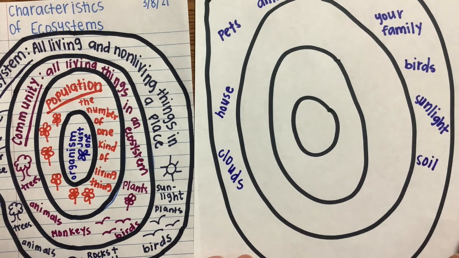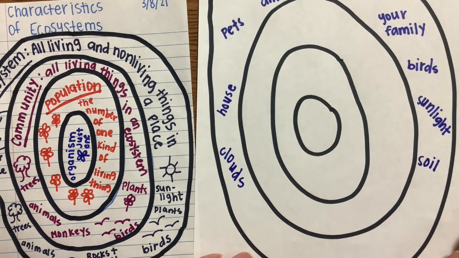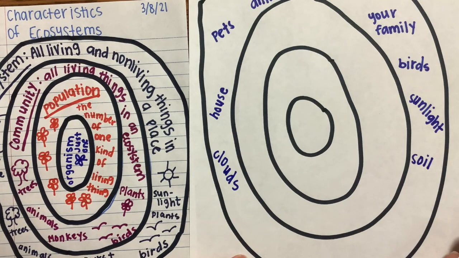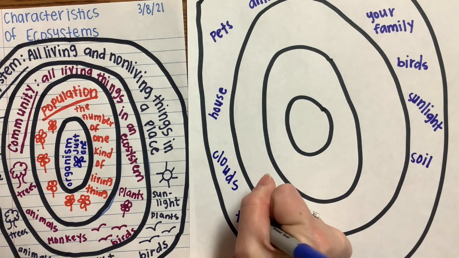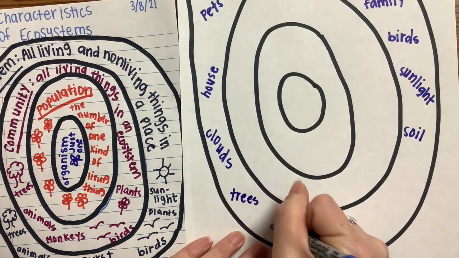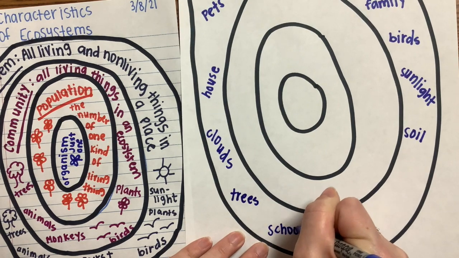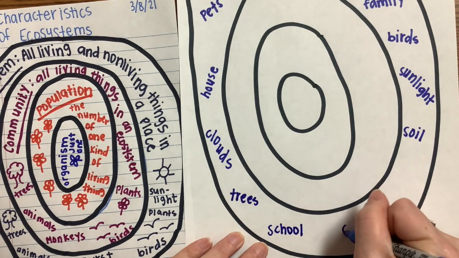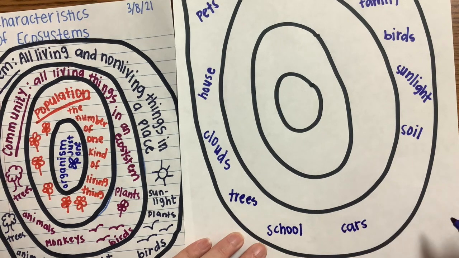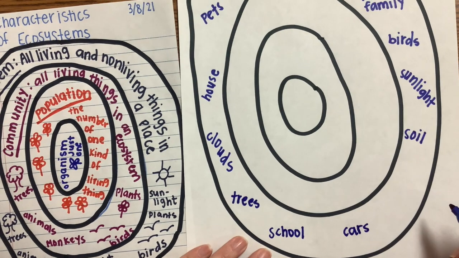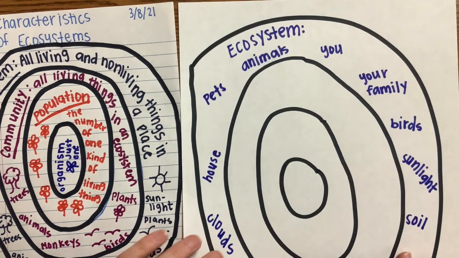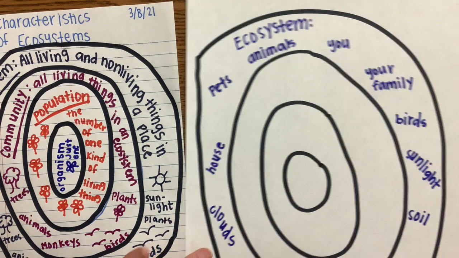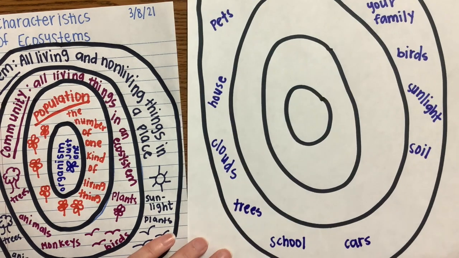Like the wood chips you see at school, soil that you might plant a garden in, trees. The school is part of your ecosystem. Cars are part of your ecosystem. So many living and non-living things that you interact with in your ecosystem.